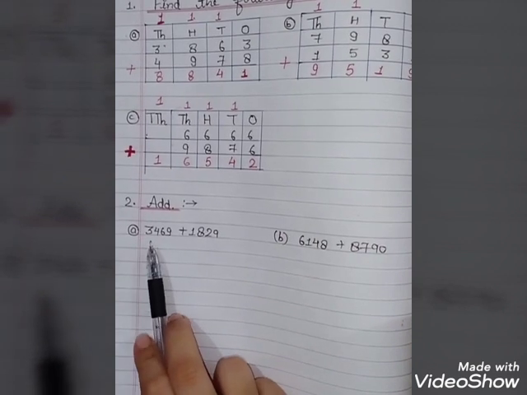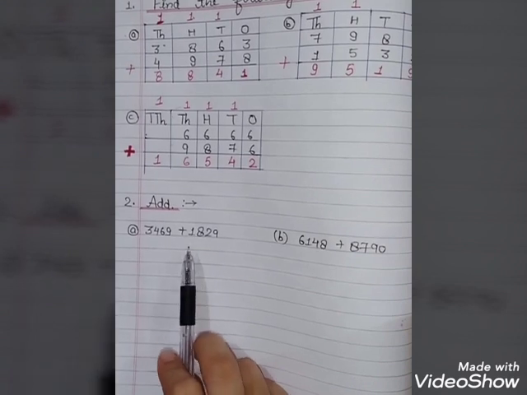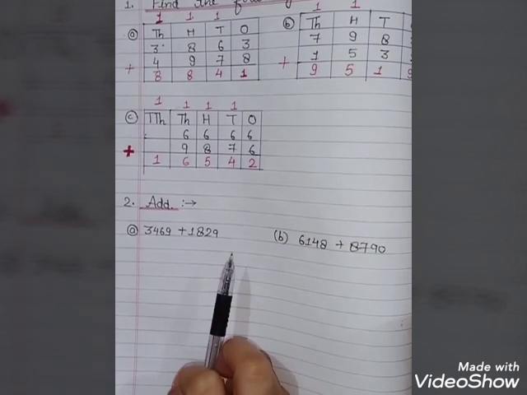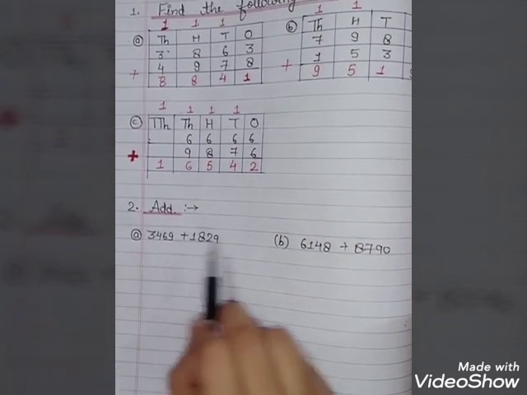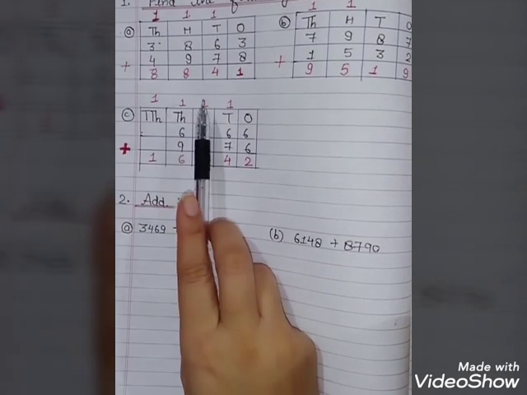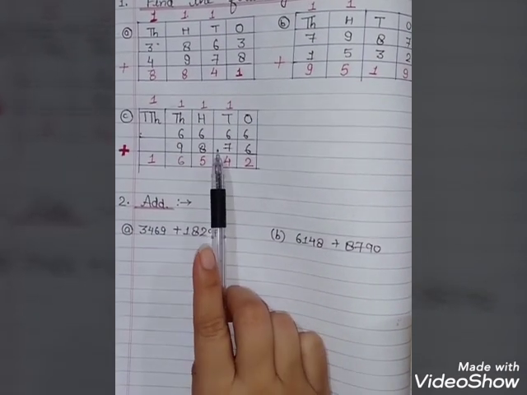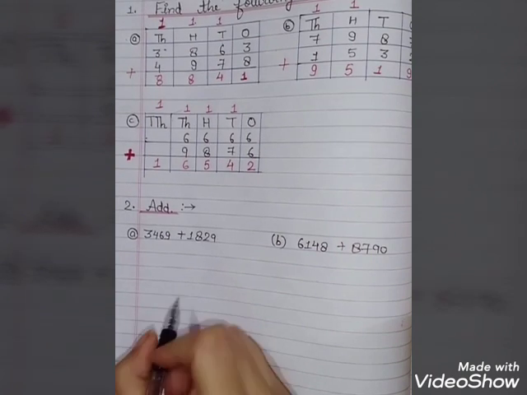Some more examples. Here we have to add 3,416 plus 1,829. Before we add these numbers, we make a box like this. By this box, we can solve this sum very easily. So let's make a box.